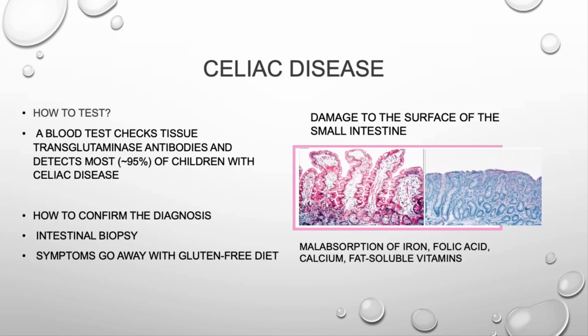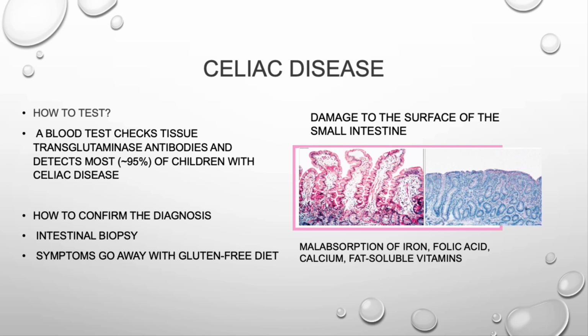This is something that can be easily checked by a blood study that looks at something called transglutaminase, and this will detect about 95% of the children that have celiac disease.